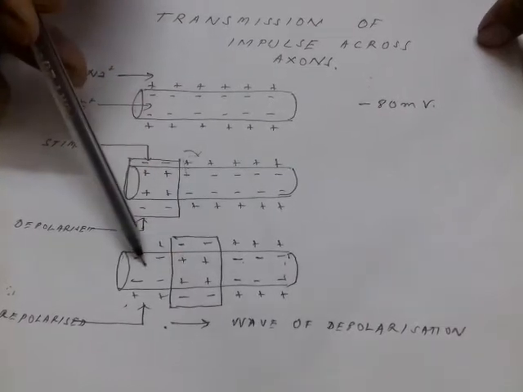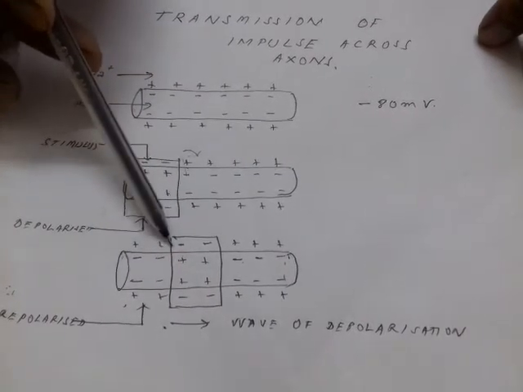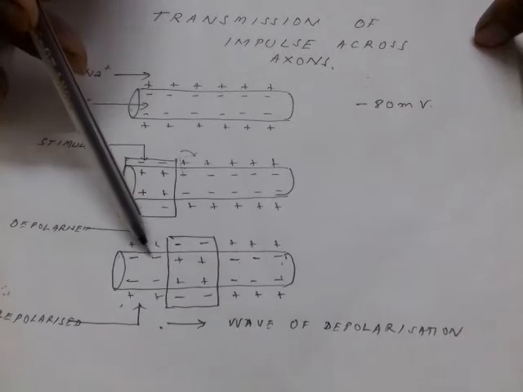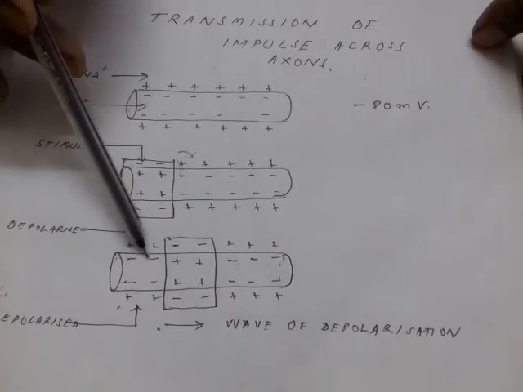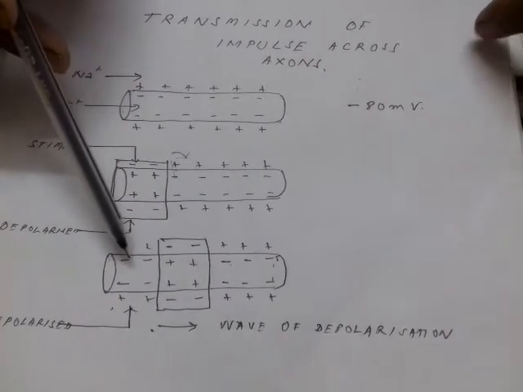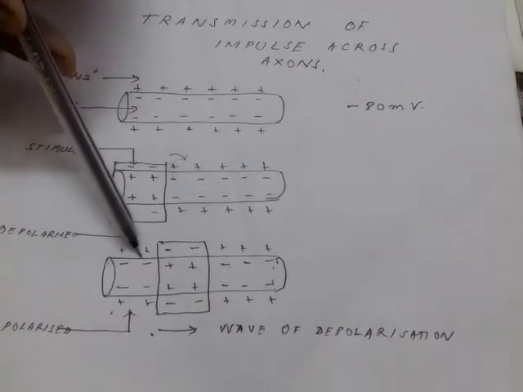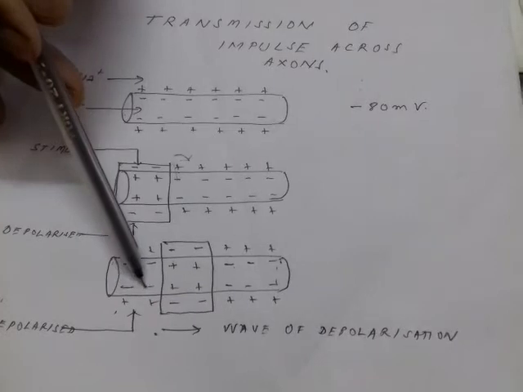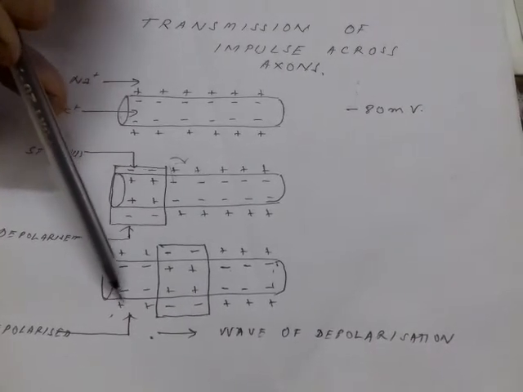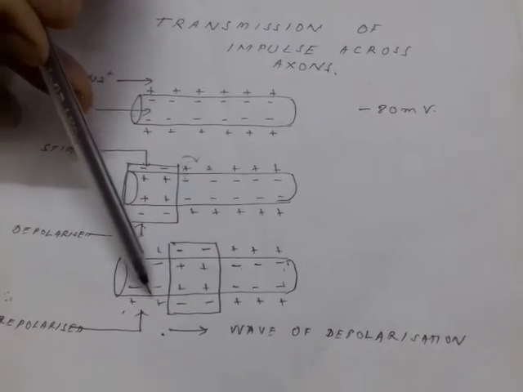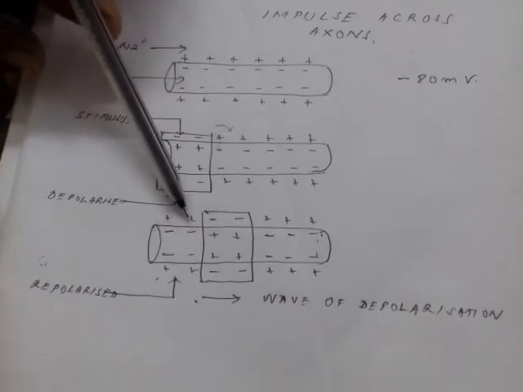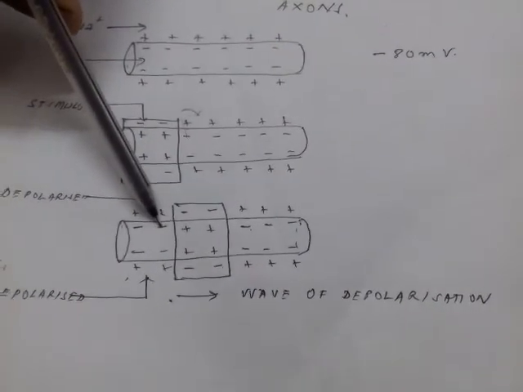But what happens to the previous site? As the sodium action potential is reached, slowly the sodium gates close and then the potassium gates open. After that, the sodium ions are transported back by the sodium-potassium exchange pump. This requires energy: 3 sodium ions are brought outside for 2 potassium ions taken inside.